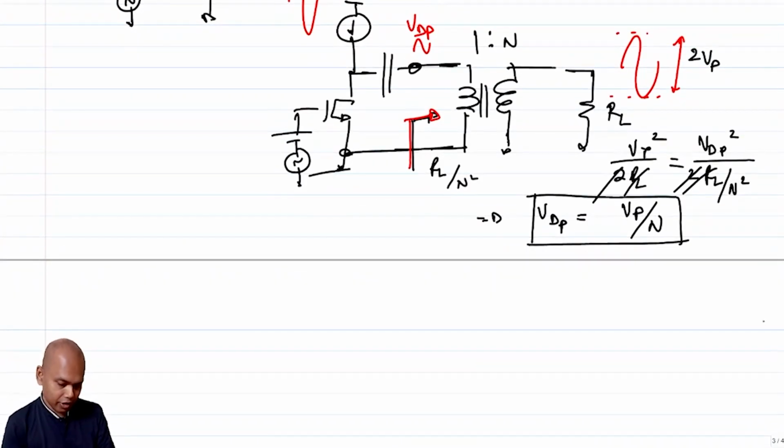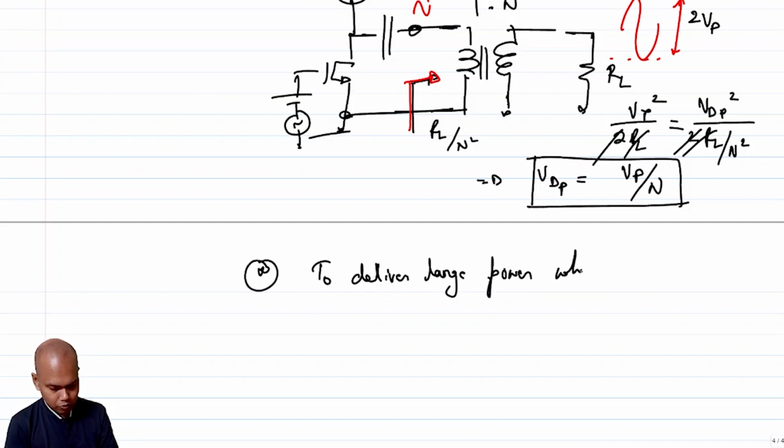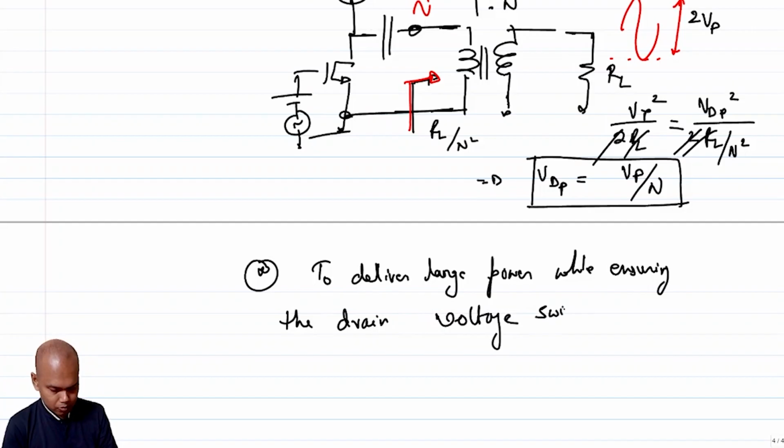So the second key takeaway is, for a power amplifier to deliver large power while ensuring the drain voltage swing is within check, or within limit.